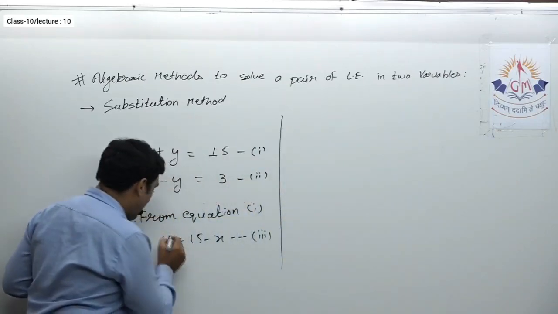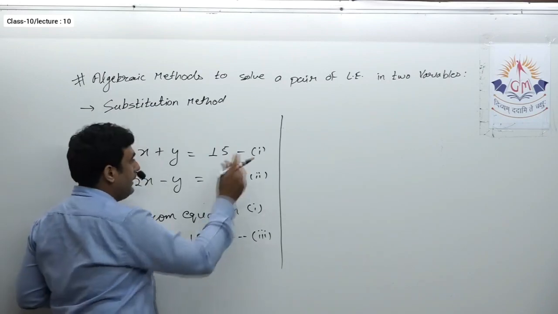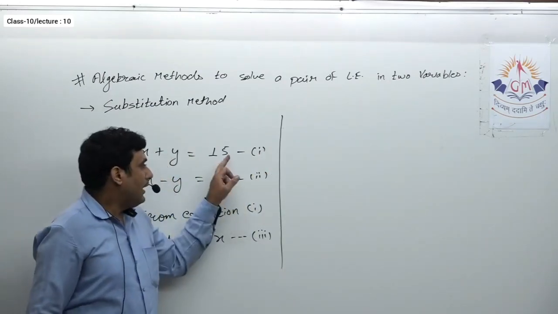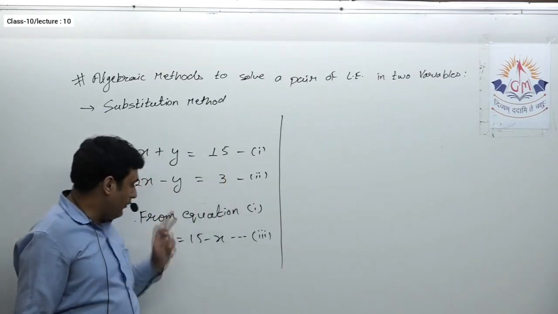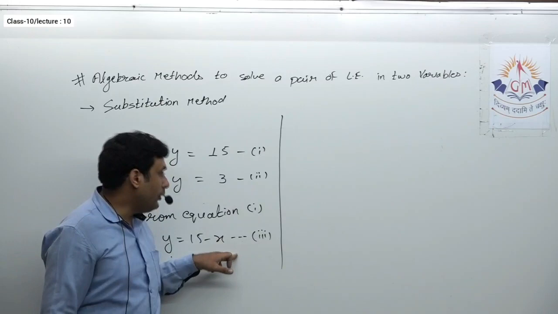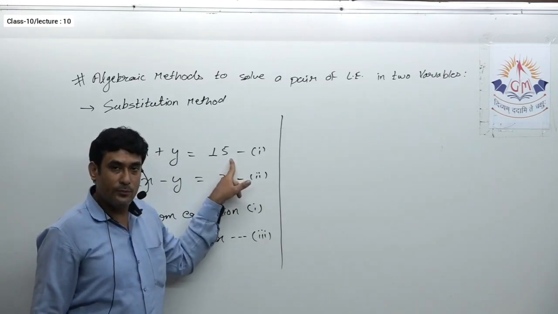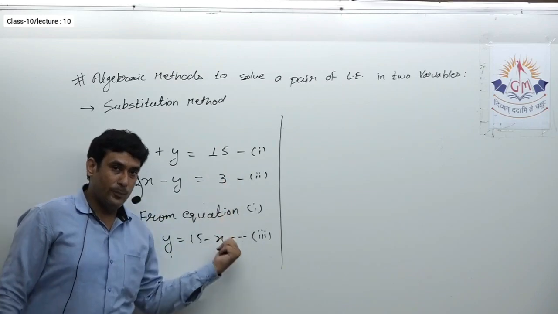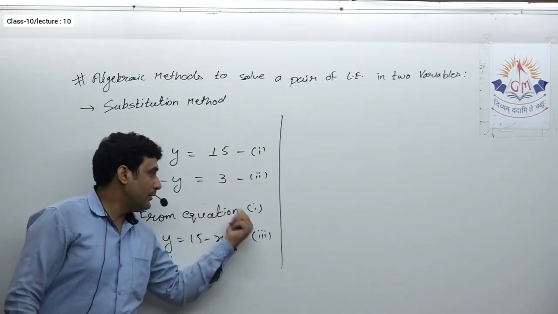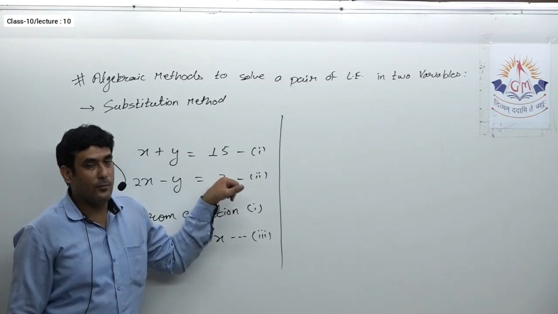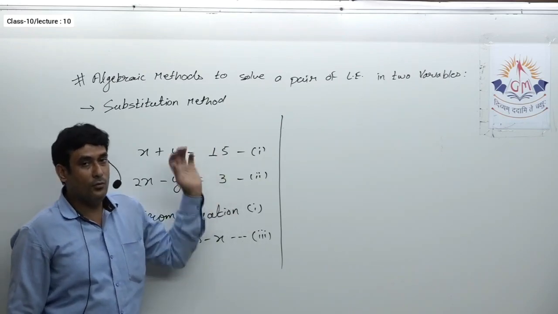Here I will put the value of y in equation 2. Now you have to take care of this: as I got the value of one variable from equation 1, I won't put the value in the same equation. If I obtain the value of a variable from the first, I will put that value in the second, or if I get the value from the second, I will put it into the first.